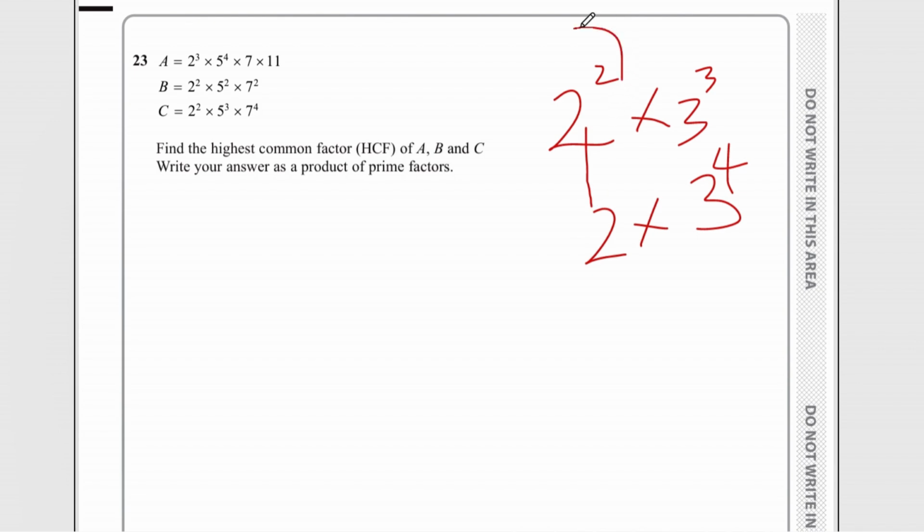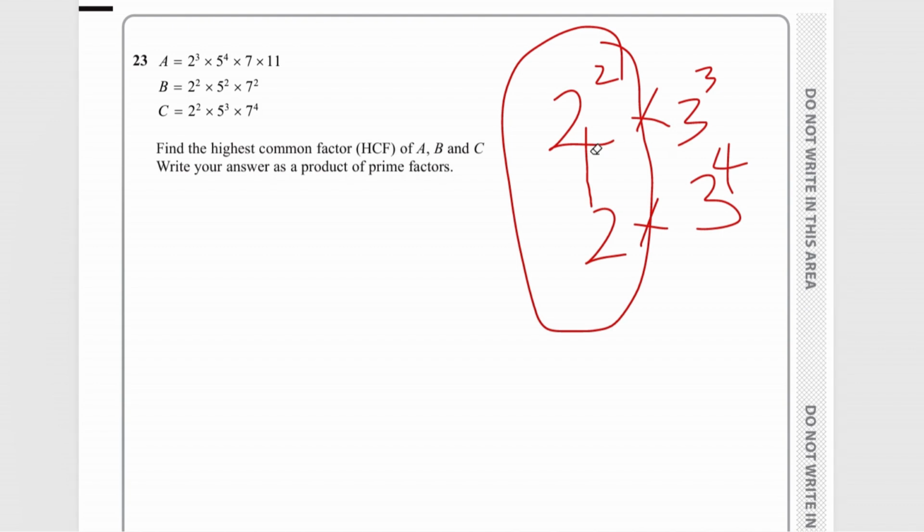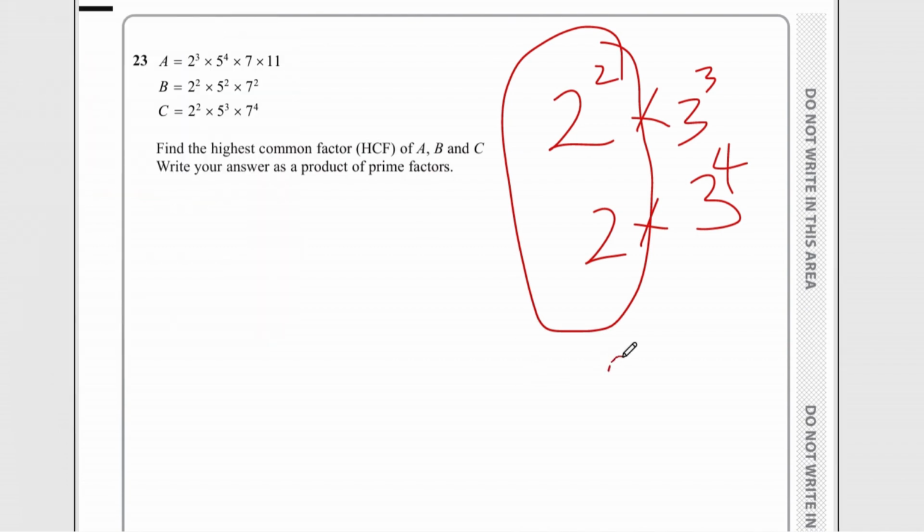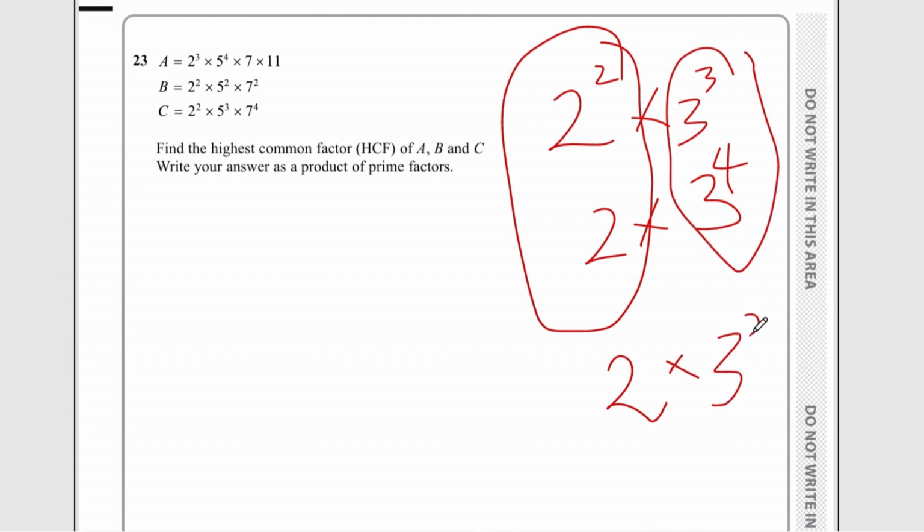In the groups of 2, you got 2 is the smaller one. In the group of 3, we have 3 to the power of 3 as a smaller one. So you can say the HCF in this example is 2 times 3 to the power of 3.